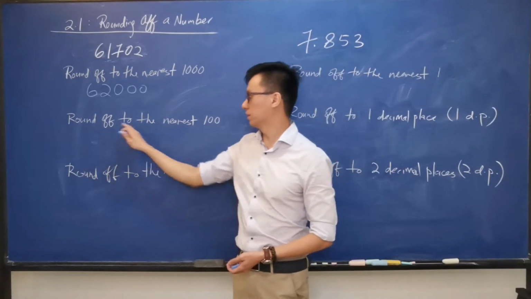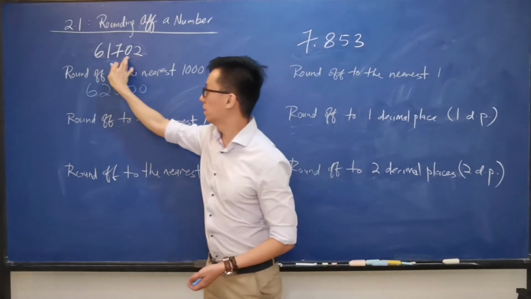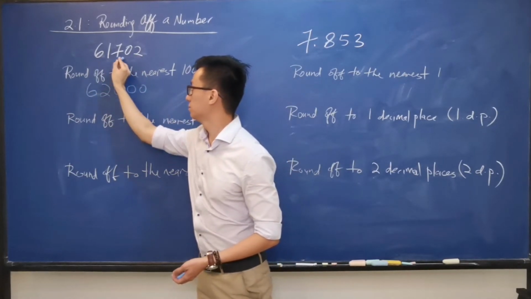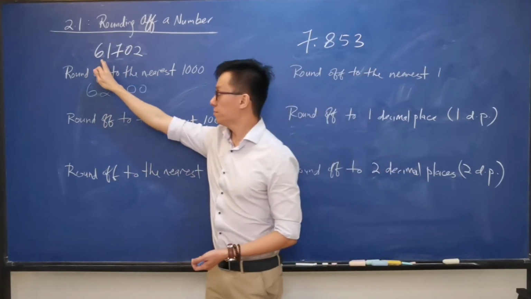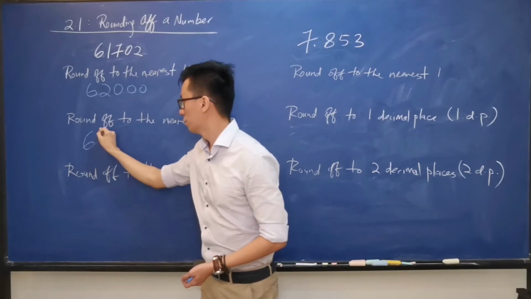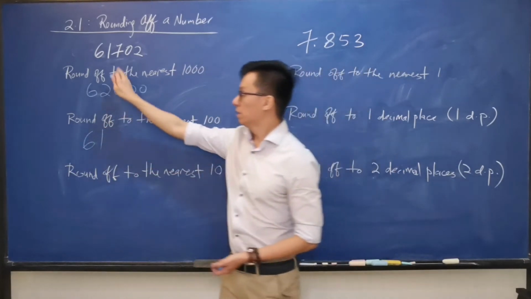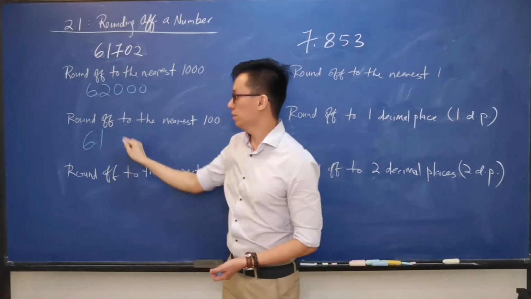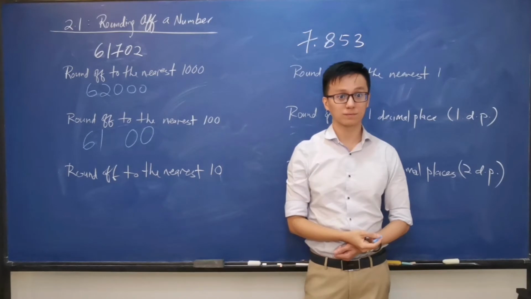How about rounding off to the nearest 100? We will look at the digit in the 100 place. The digit at the left of 7 remains the same. The digits at the right of 7 will all turn to 0.